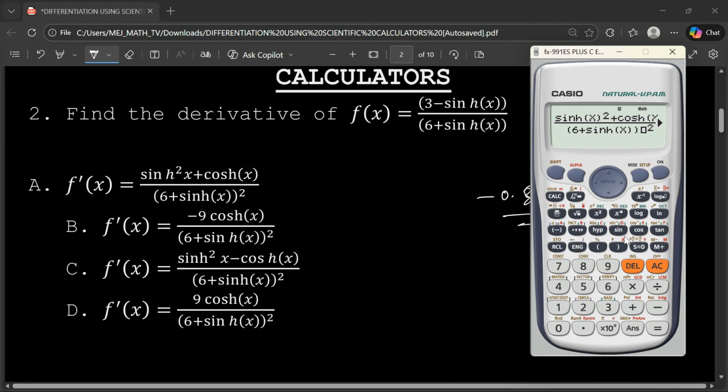Sorry, let me delete this. And these all squared. Then we press the equal to sign. We are having 0.1825, which is not the correct answer. And so option C is similar to option A with just a minus.